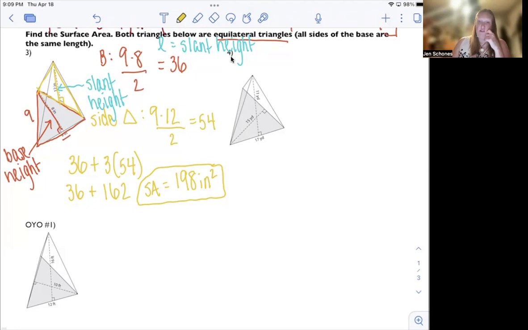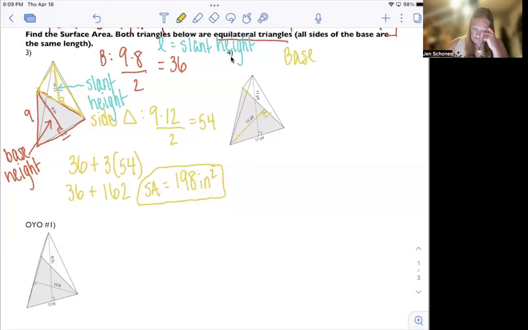All right. So take a minute, see if you can identify which of those is the height of the base. Which is the height of the base? If you said 15, you're right. Here's the height of the base right here. Okay, because remember it makes that 90-degree angle. Okay, cool. So area of the base.